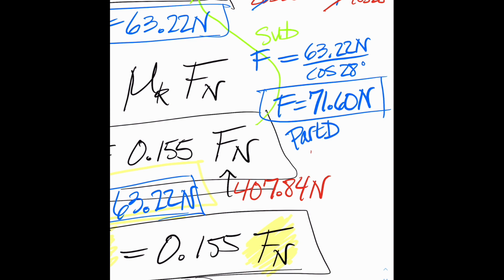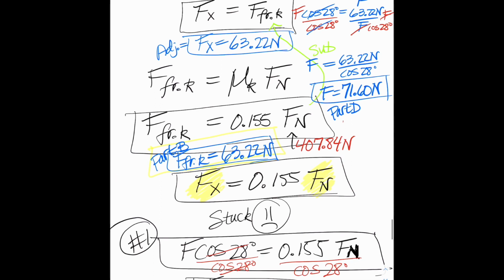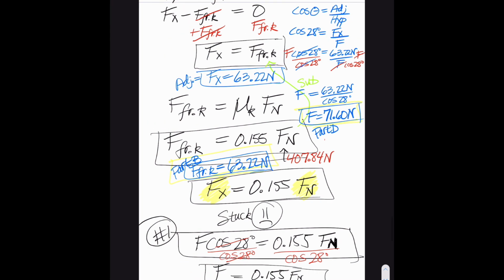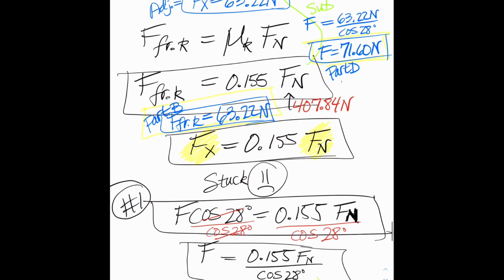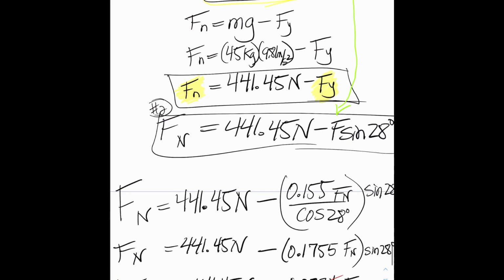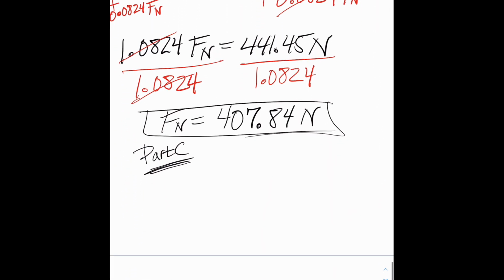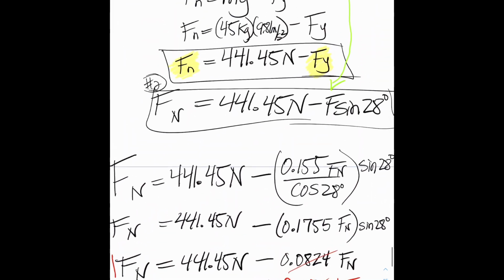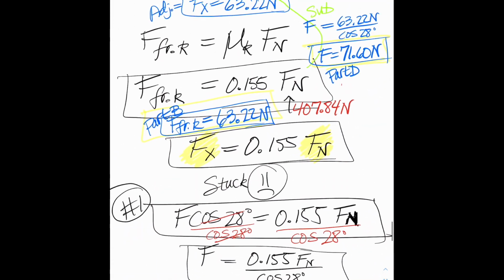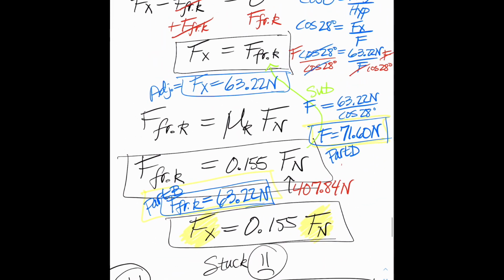All right, so let's see how we did. Part B was 63.22, and part C, which we actually solved for first, was 407.84. And then part D is 71.60.